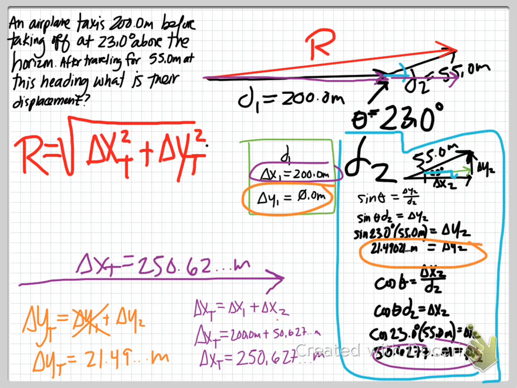I have my delta y total, what was it, 21.49 blah blah blah meters. And I know that my resultant is going to go from there to there. So I can do the algebra at this point.